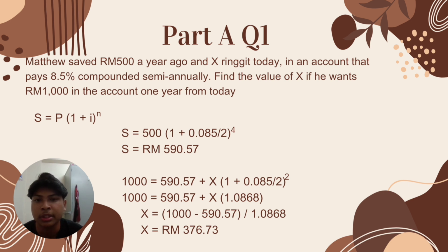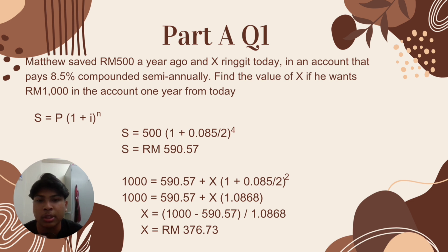For the first step, we need to find the future value of 500, so 500(1 plus 0.085 over 2) to the power of 4. We get S is 590 ringgit 57 cents.